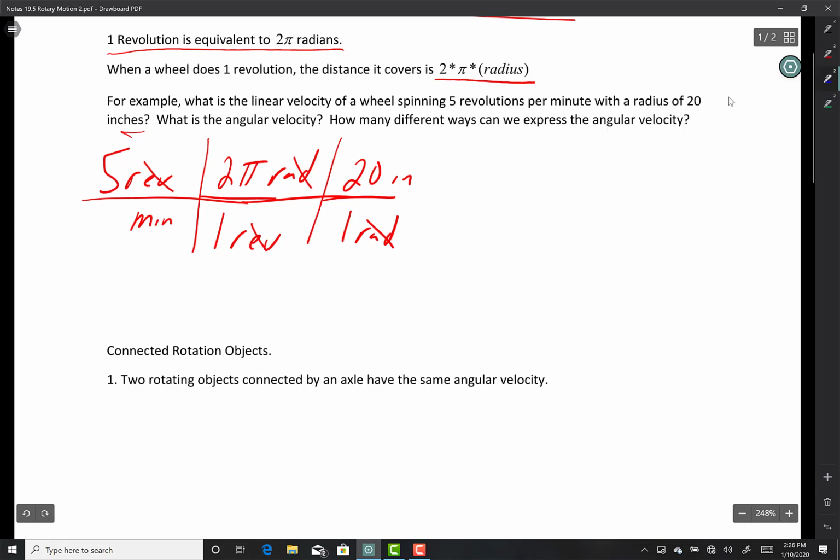Okay, take your calculators. Do you guys have calculators with you guys? And then just go 5 times. If you want to leave it in decimal, cool. If you want to leave it in terms of pi, that's fine as well. You can grab some calculators over here. Here we go. 5 times 2 pi times 20.